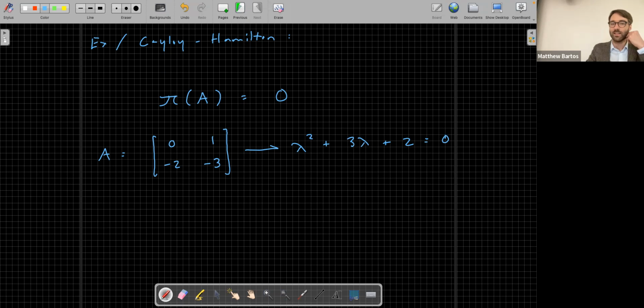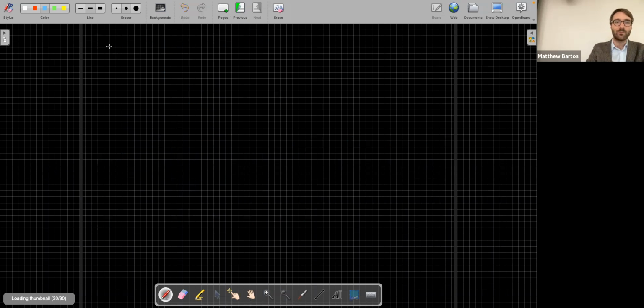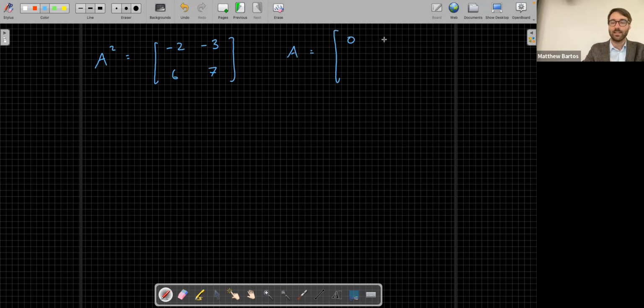This implies that A squared plus 3A plus 2 is equal to 0, and we can verify this. If we have A squared, this comes out to -2, -3, 6, 7. A is equal to 0, 1, -2, -3, and then I is 1, 0, 0, 1.